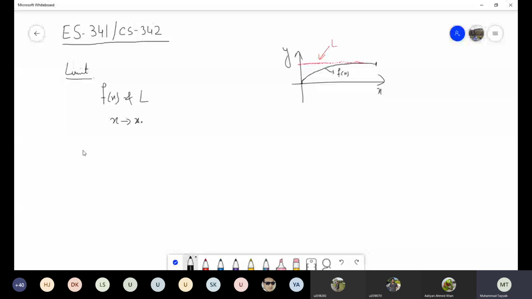So I will say that the limit as x goes to x naught of the function f of x is equal to the limit L. Why is it getting close to the limit L? Because यहाँ पर इसको देखें, after some time they both are on the same line and they both are converging. If I look back to this point, this was the transient behavior.